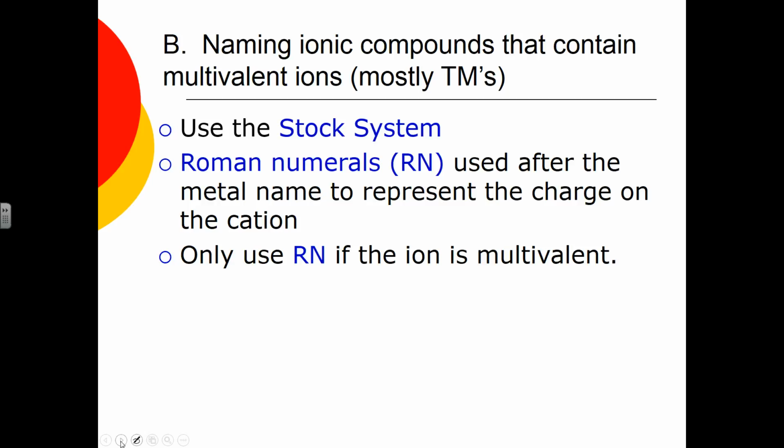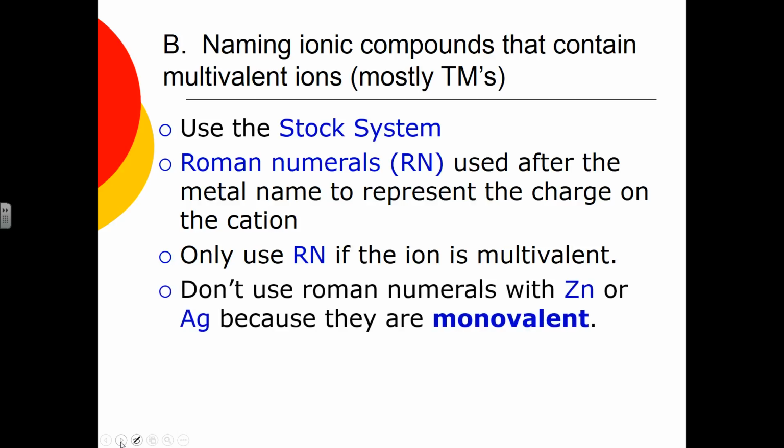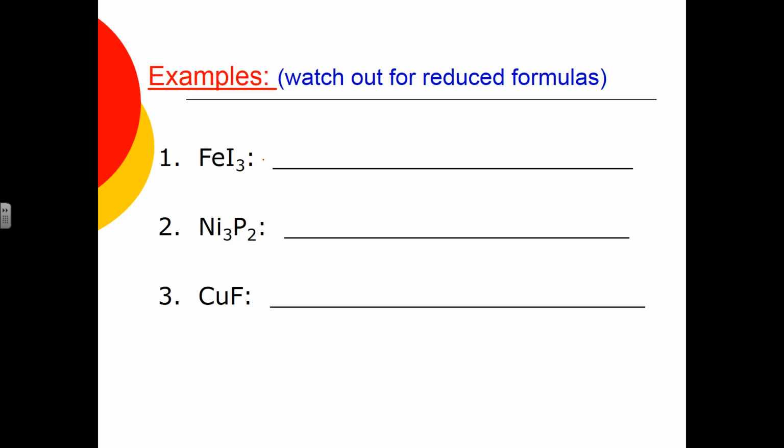Remember, the two transition metals that do not need a Roman numeral are zinc and silver because they are monovalent. So you will never need to use a Roman numeral with zinc or silver. All right, so for the most part, you name these the same. The only difference is that you're going to give a Roman numeral to specify the charge that was used on the metal.